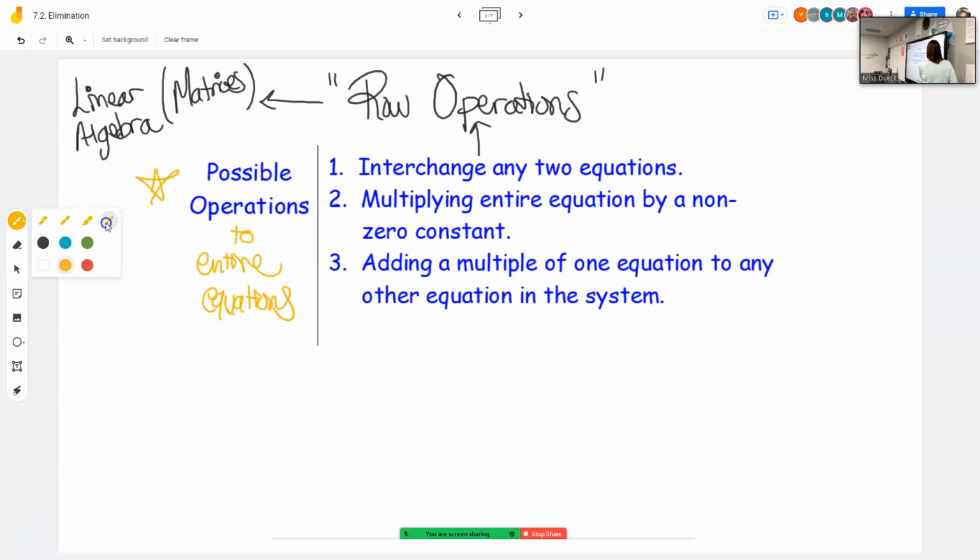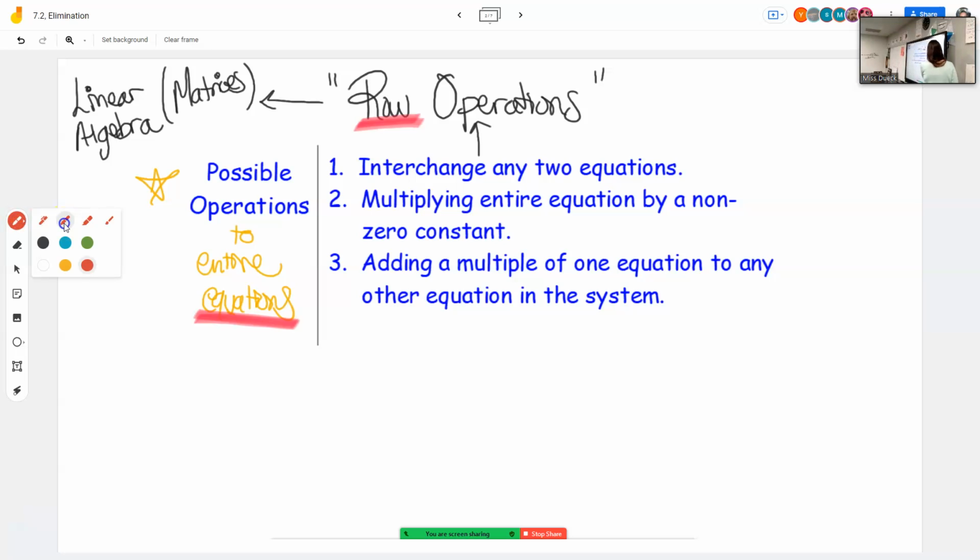And by equations, I could be referring to rows. This is where they start to tie together. If I'm talking about an entire equation and another entire equation, or maybe even a third entire equation, I could think about them as rows. An entire row of related variables or related quantities.